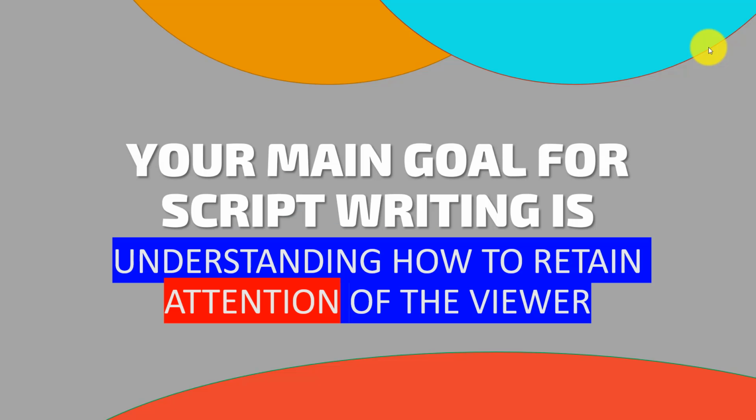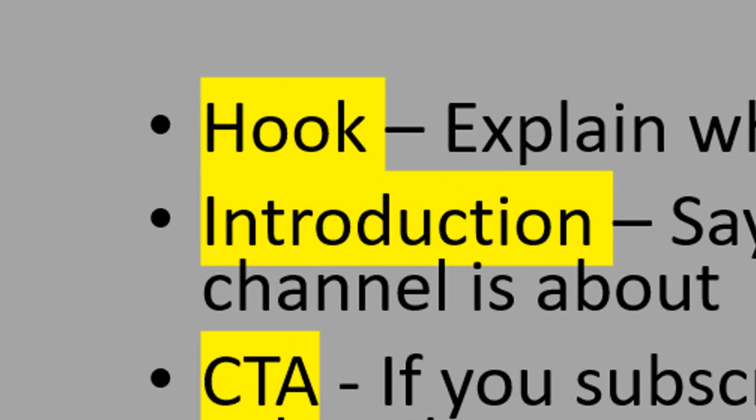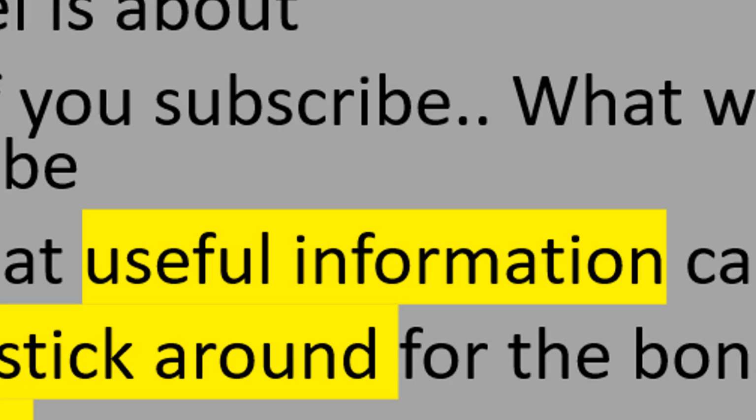Your main goal for script writing is understanding how you will retain the attention of the viewer. You must understand that this is the way you retain the attention. A script for YouTube should have the following elements: hook, introduction, call to action, some useful information.